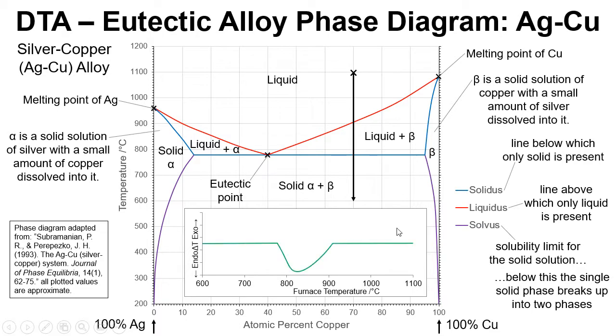It would look something like this, and this point here would be the point at which we start to get some solid material, so that is T liquidus, which helps us find out where the liquidus point is. And then we also have T solidus, when it all becomes solid. So we can use DTA to start to build up these phase diagrams, and we could repeat this process for different compositions and build up the phase diagram.